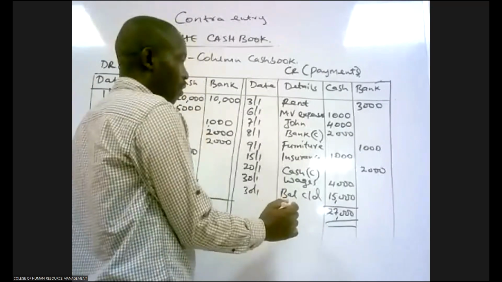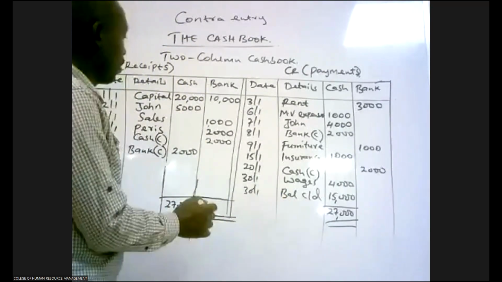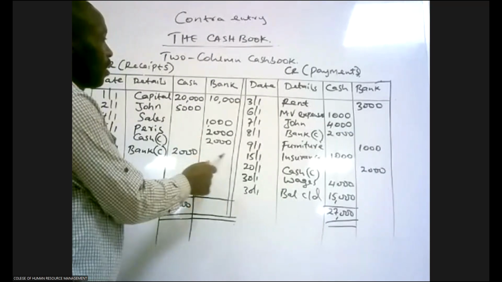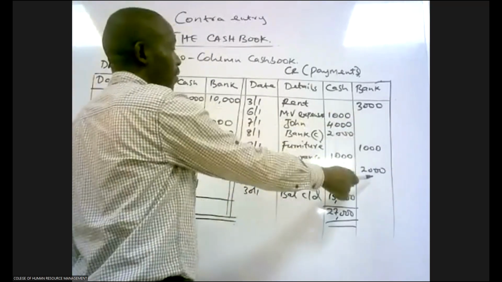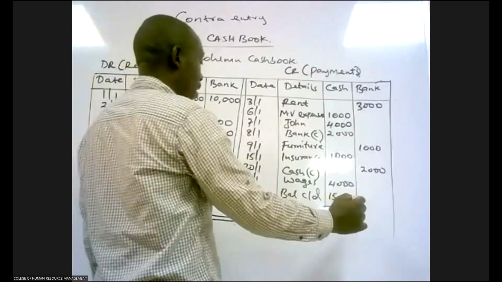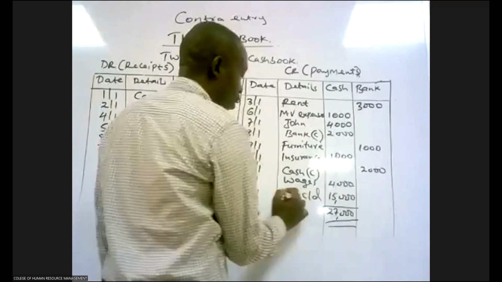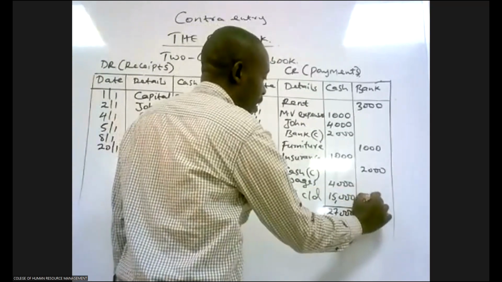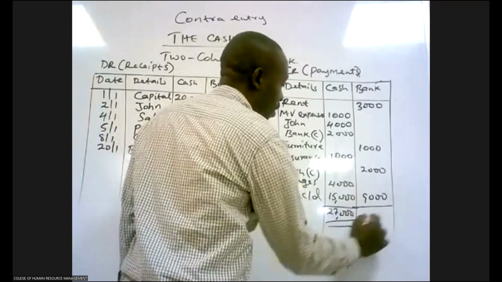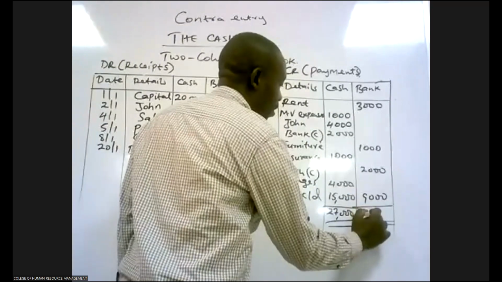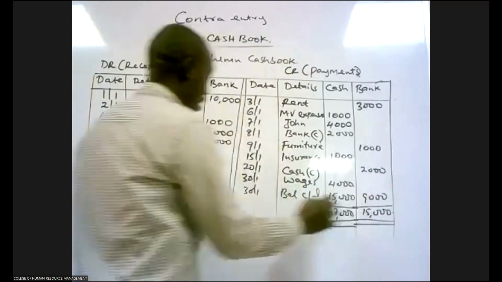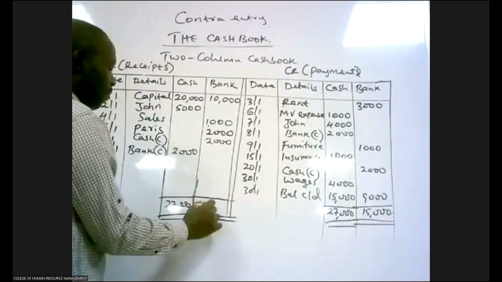This is 14,000, and then we have spent 6,000. So there is a balance of 9,000, and along with that, just right there, 9,000. So that now this side can have 15,000, and this side can also have 15,000.